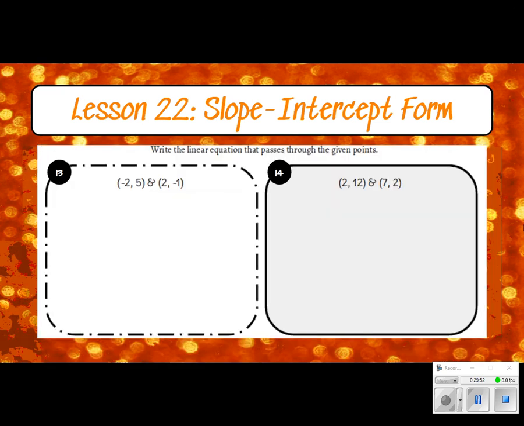So we're going to, given 2 points, write an equation that goes through those points. This is kind of what I used in the last example. We are going to figure out the slope, and then plug it in along with one of the points and solve for our y-intercept. So the slope is y2 minus y1 over x2 minus x1.